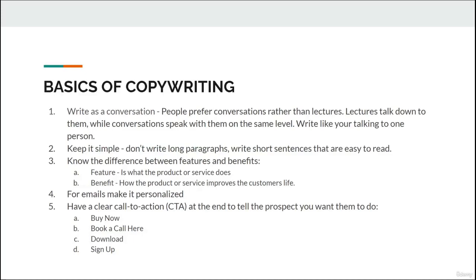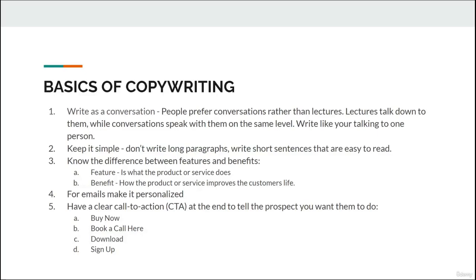Number 3, know the difference between features and benefits. When you're trying to say why someone should work with you, or when you're trying to sell a product, you don't want to really say the features. The feature is what the product or service does. For example, the feature of a pen: oh, you can write with this pen, right? That's a feature of it.